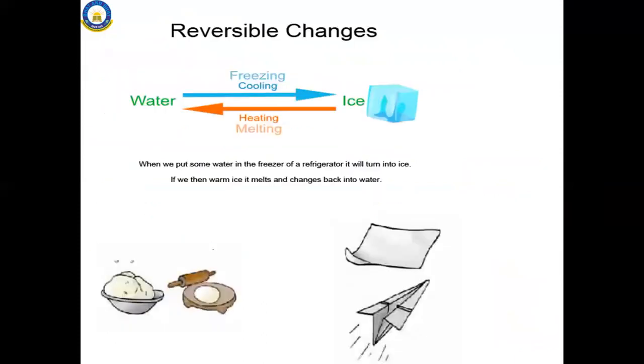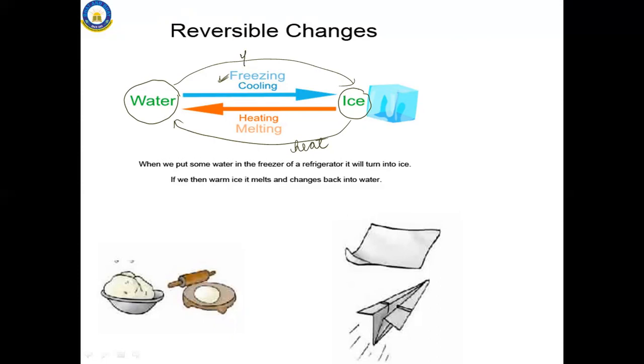And yes, here is one more example. There is water here. Once the water undergoes freezing, it will form ice. But again, when you heat ice, it will again form water.